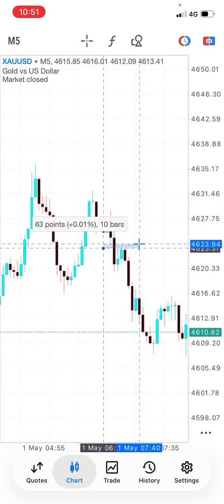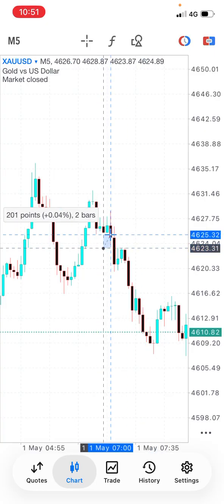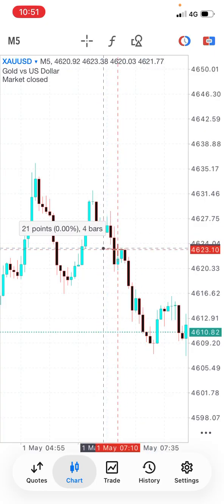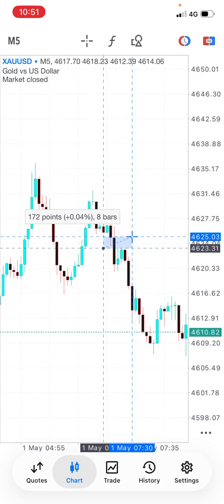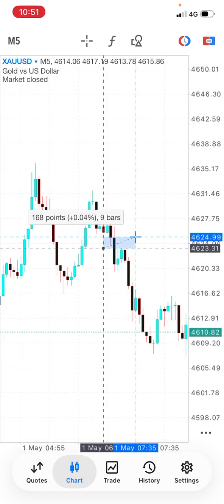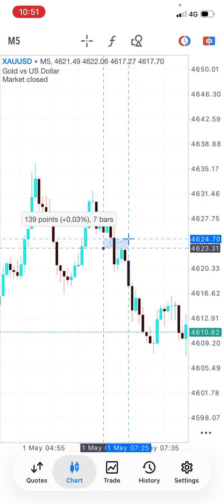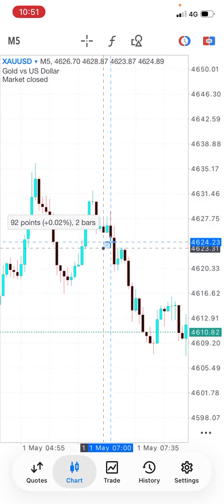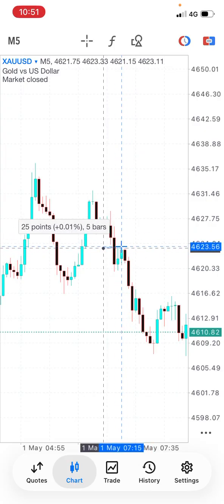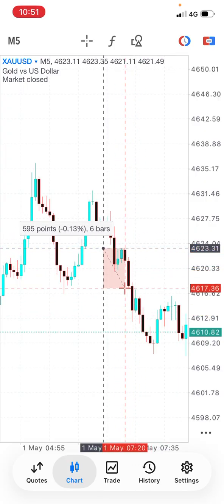You can see the bearish fair value gap here, here, and here, during a downtrend. When you take a trade here, you have to wait for price to retest this area, then you place an order here for sell.